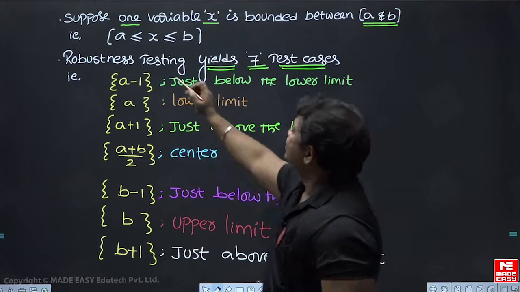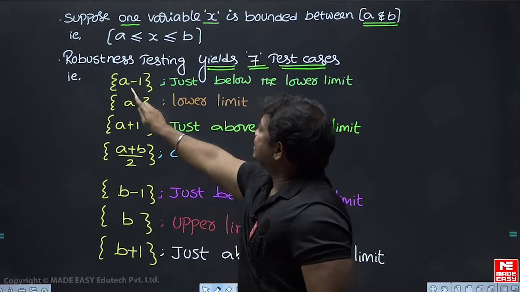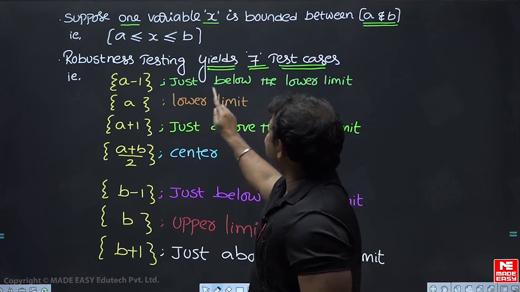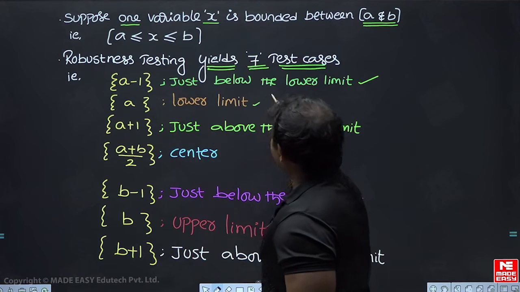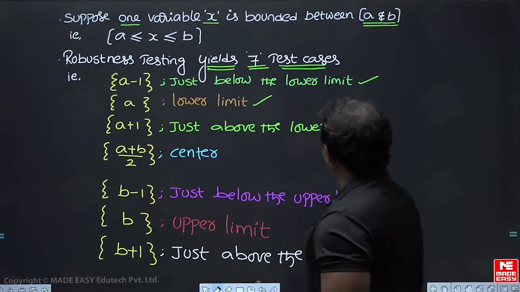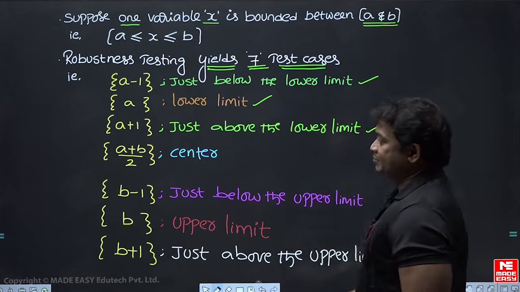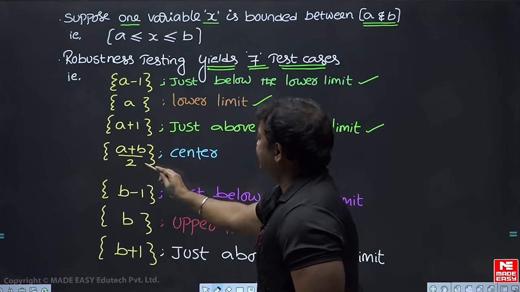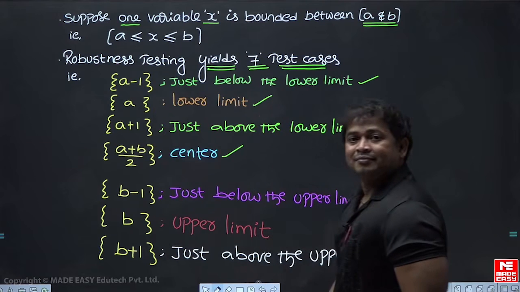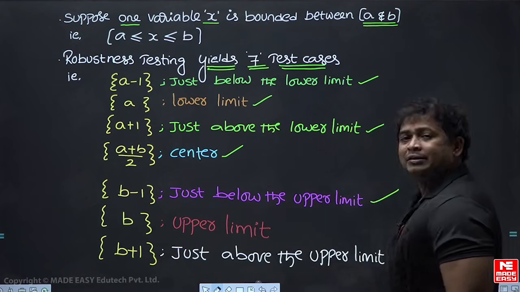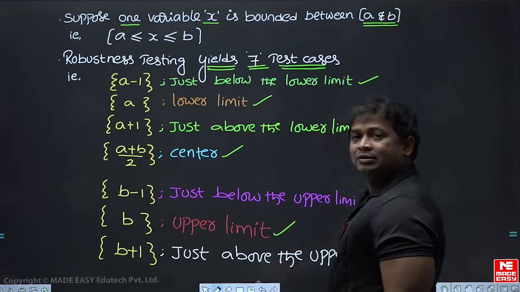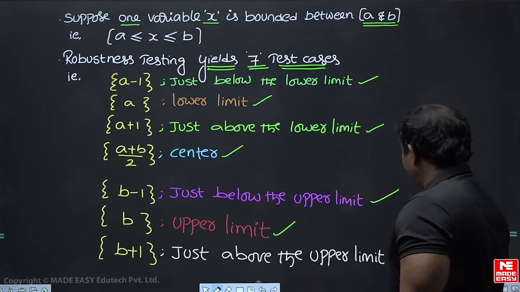Now see this. Just below the lower limit is A minus 1. A is the lower limit. A plus 1, just above the lower limit. A plus B divided by 2 is the center. B minus 1, just below the upper limit. B is the upper limit. B plus 1, just above the upper limit.